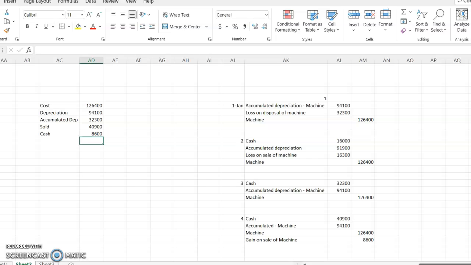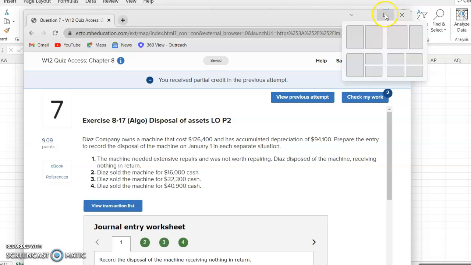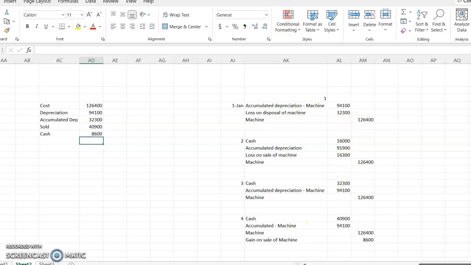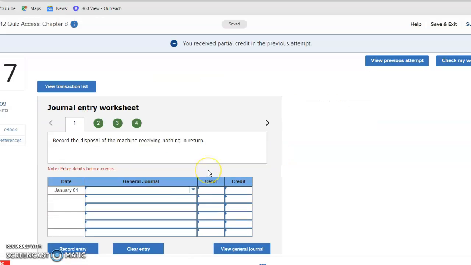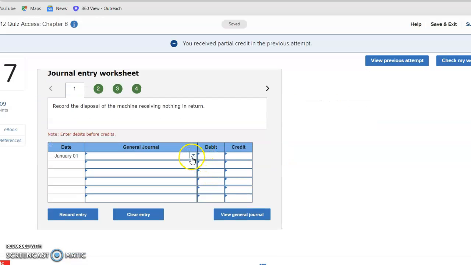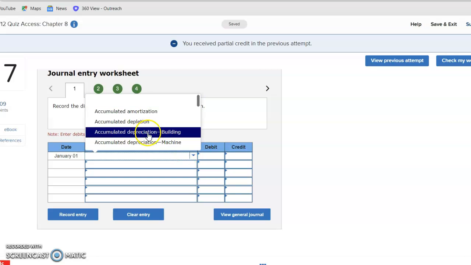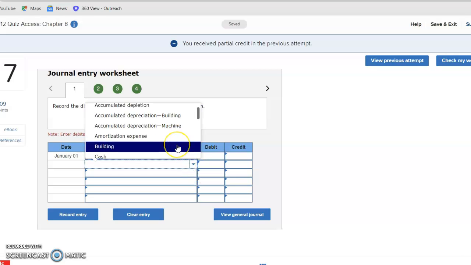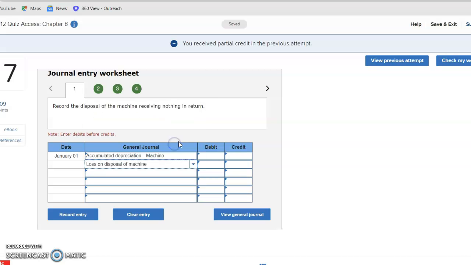Now I'm going to bring this back over here so we can see this. And while I do that, I'm going to bring this over so I can make sure I fill it in correctly for you guys. We're going to go down here, and on January 1st, the top one is going to be accumulated depreciation, machine, and then we're going to have loss on disposal of machine, and then we're going to have the machine.